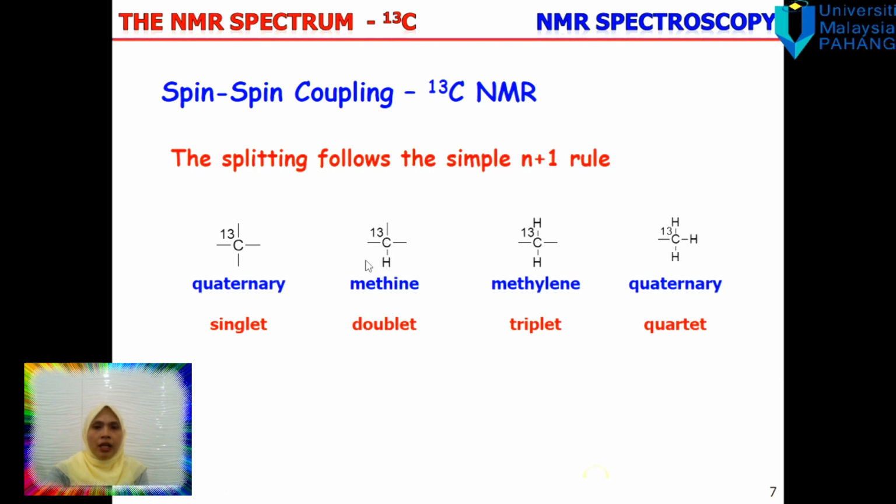For this carbon with 2 protons, the splitting pattern becomes a triplet, and in this example, this carbon has 3 protons, so following the n plus 1 rule, 3 plus 1 becomes a quartet. The spin splitting of C13 NMR is mostly affected by the protons, not by the neighboring carbons.